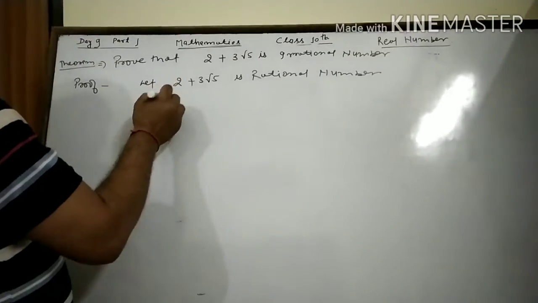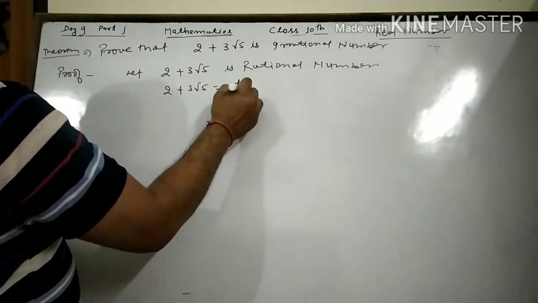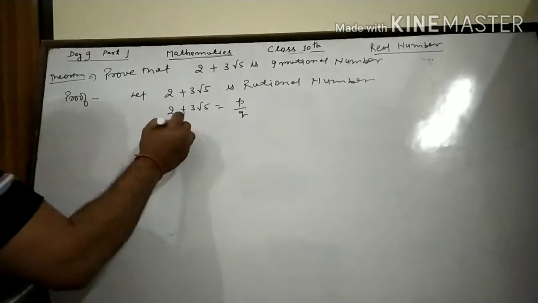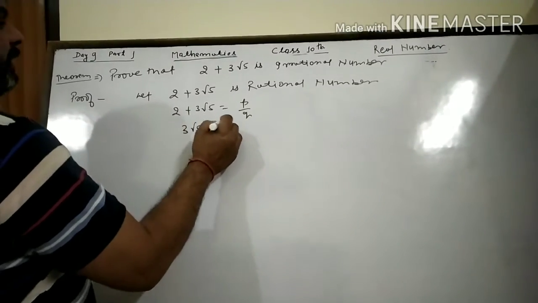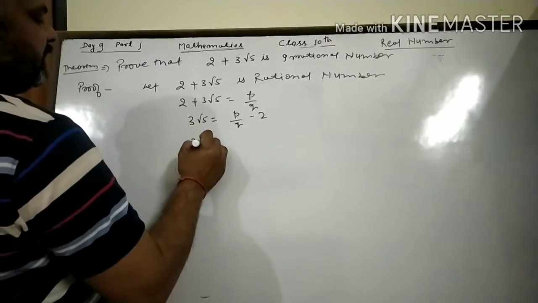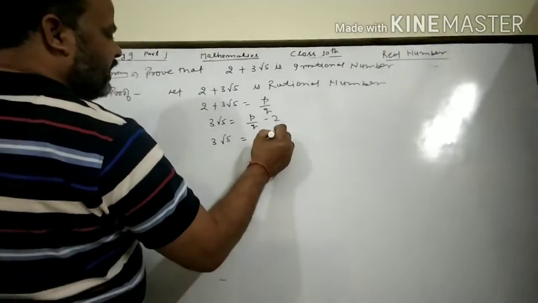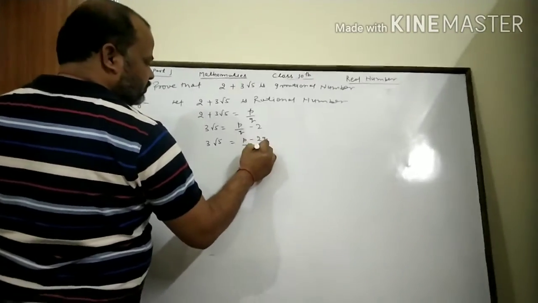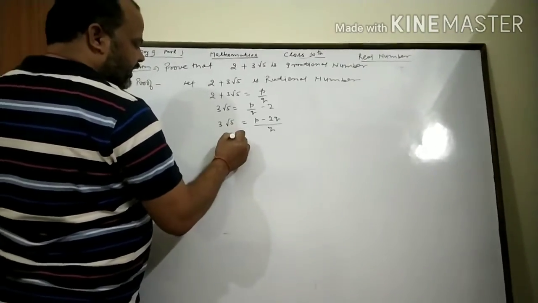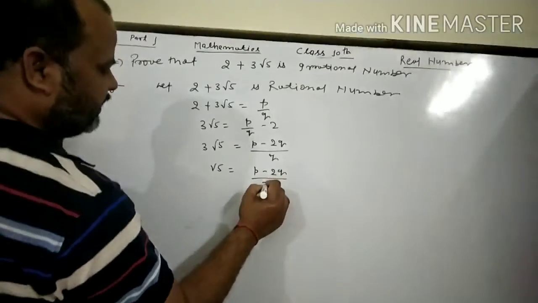Then 2 plus 3 root 5 is equal to p upon q. Then 3 root 5 is equal to p upon q minus 2. Here 3 root 5 is equal to p minus 2q by q. Then after, root 5 is equal to p minus 2q by 3q.